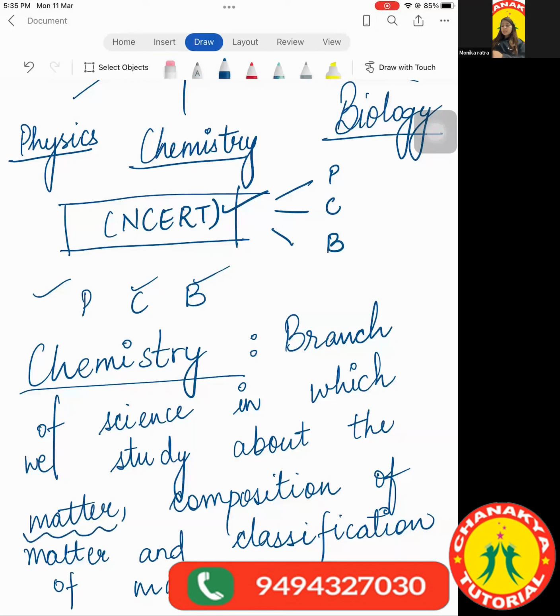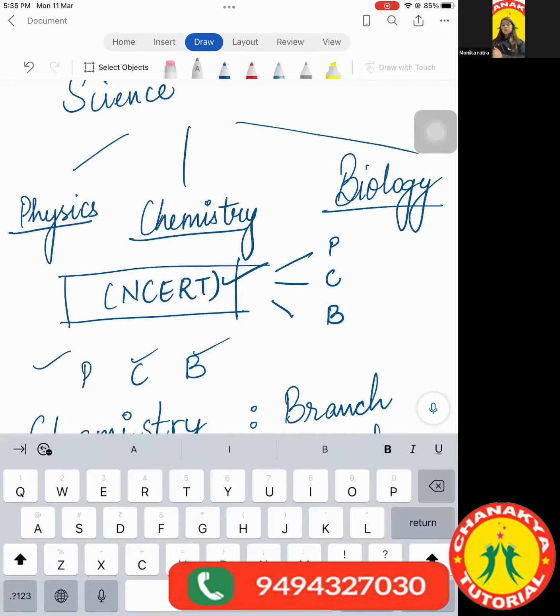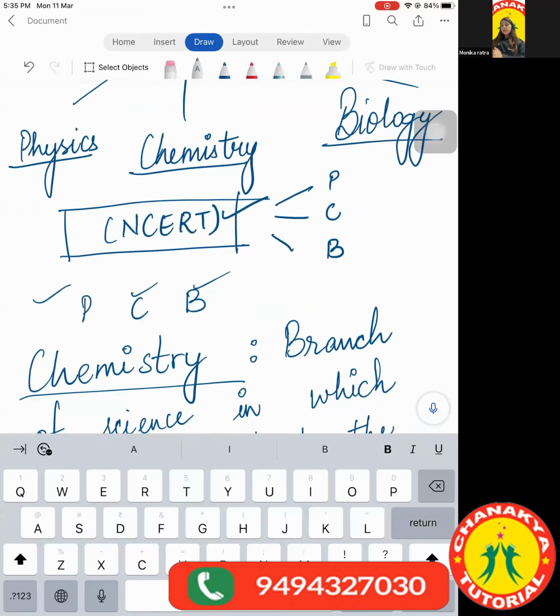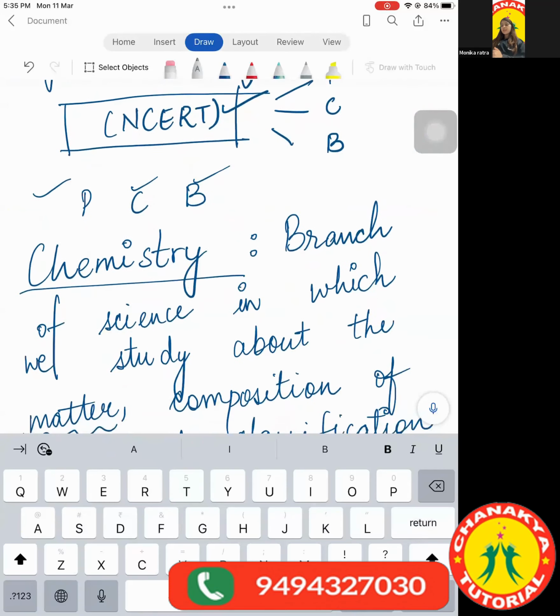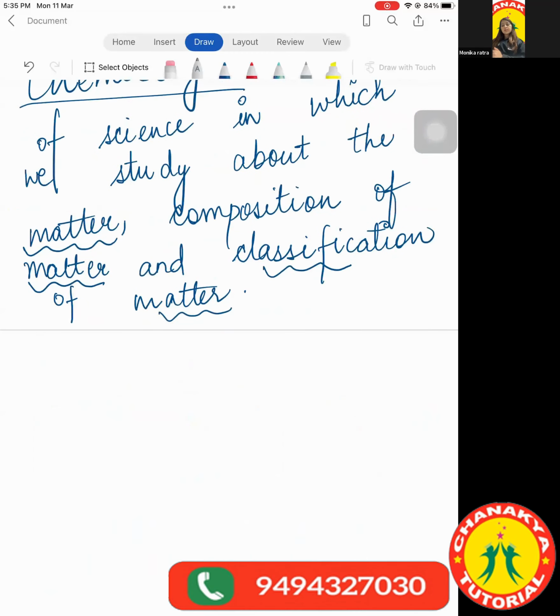Composition means what matter is made up of. And lastly, classification of matter means how matter is categorized. Is it clear to everyone? Any doubts still here? Is everyone clear with what chemistry is and what we are going to study in chemistry?